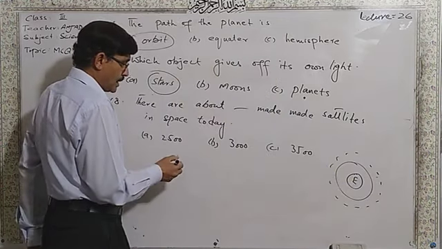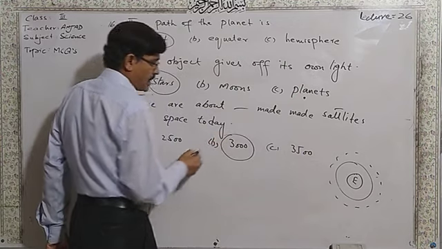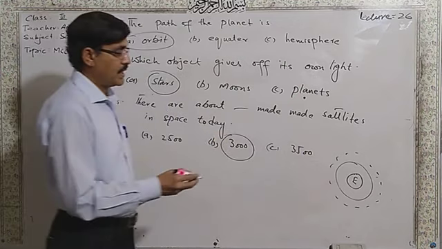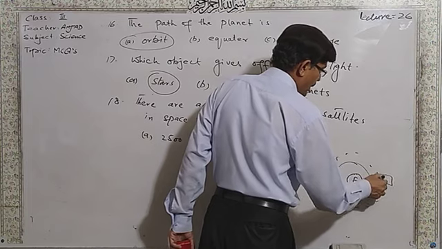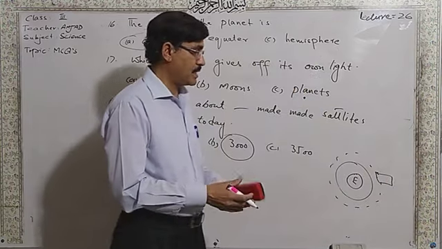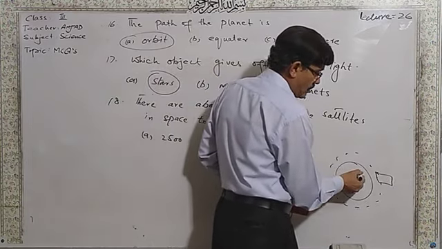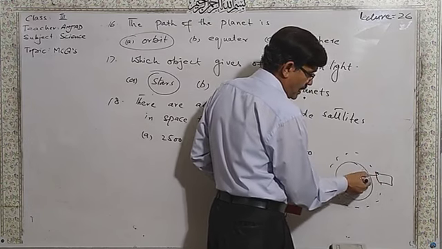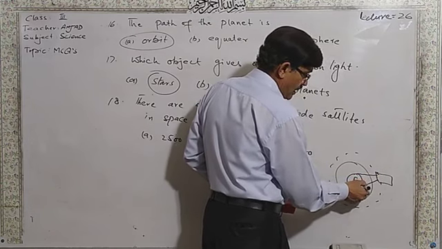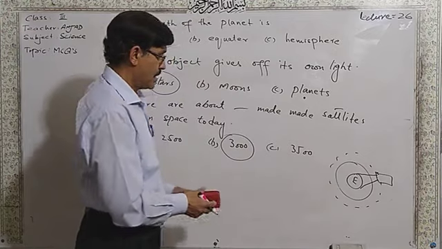How many in number? 3,000 in number. You know a satellite takes a signal from here and returns it back to this side. That is a satellite.